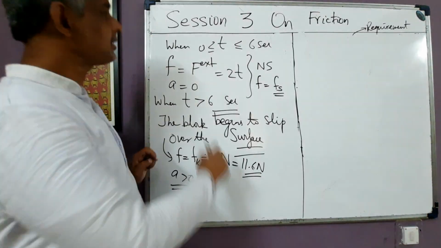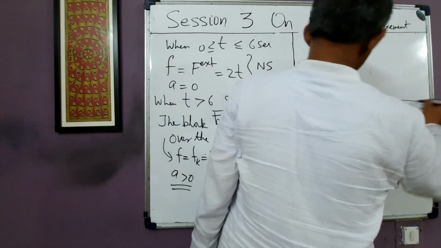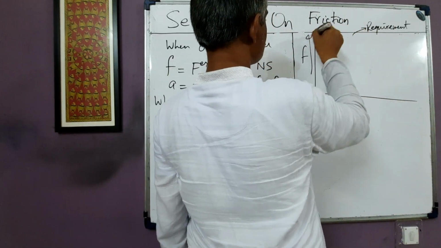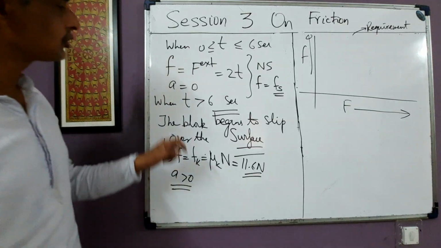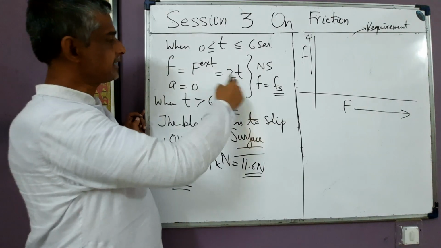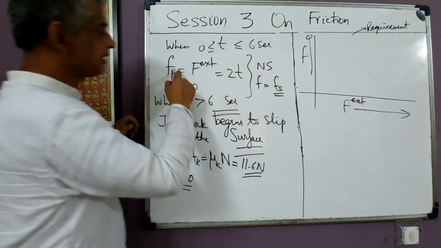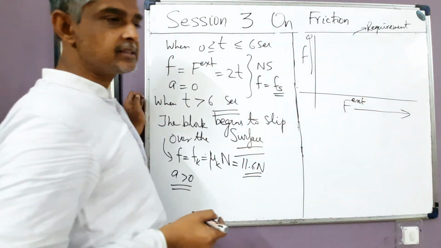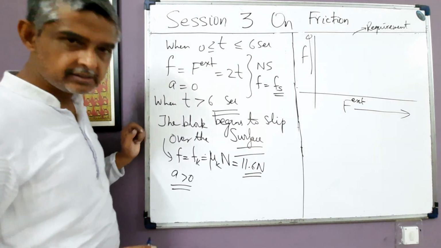So this is the usual behavior. If I draw the graph of small f versus capital F, then so long as t is less than or equal to 6 seconds, they are equal. So y equal to x is the equation of a straight line passing through the origin and making an angle of 45 degrees with the positive x-axis.